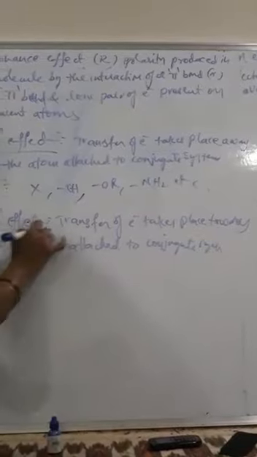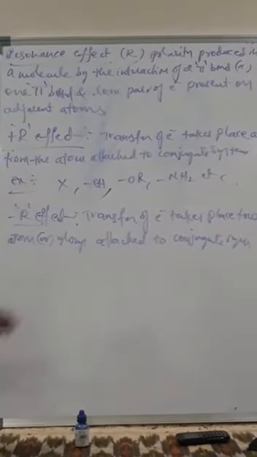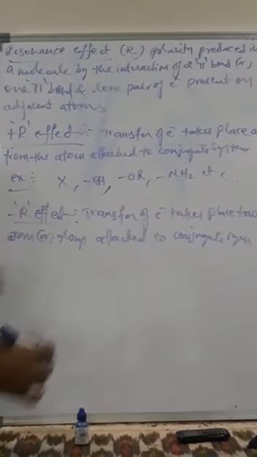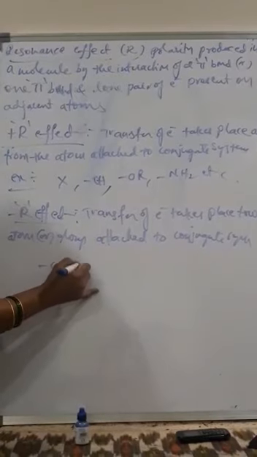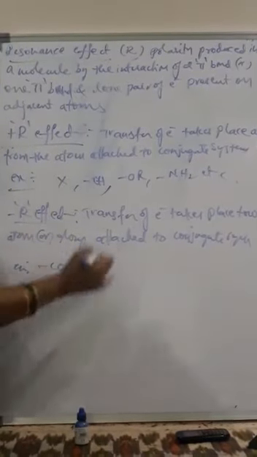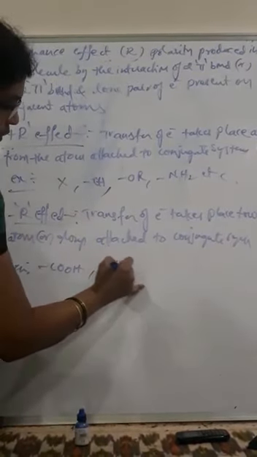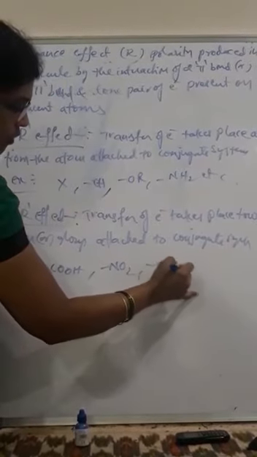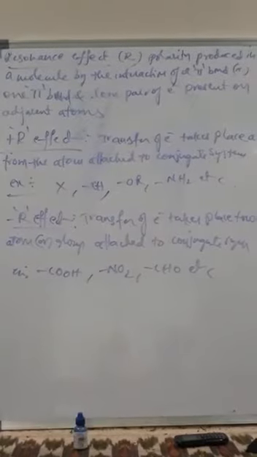With this, electron density increases on the group. For example COOH, NO2, CHO, etc., just like the negative mesomeric effect.